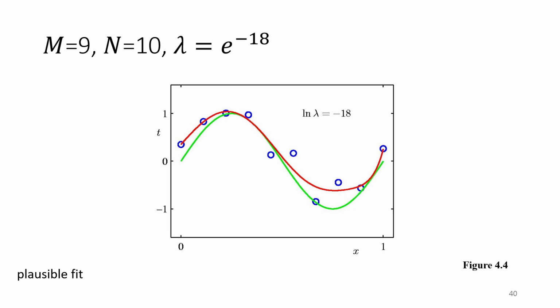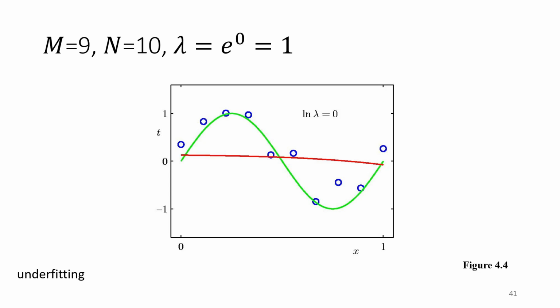But if we use a small lambda, say e to the power of negative 18, then you see the red line looks okay, not far away from the ground truth model, the sine function. However, if we enlarge lambda to 1, this red curve looks like it is not a straight line, but it looks like a straight line.